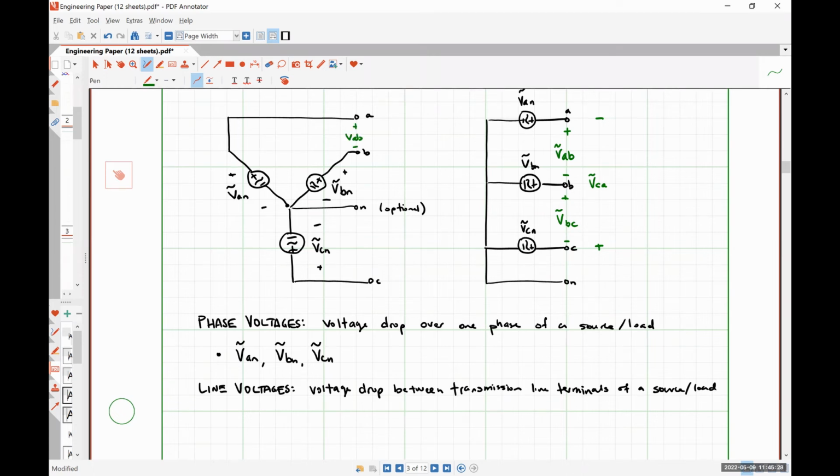So here's AB, here's BC, and out here is CA.